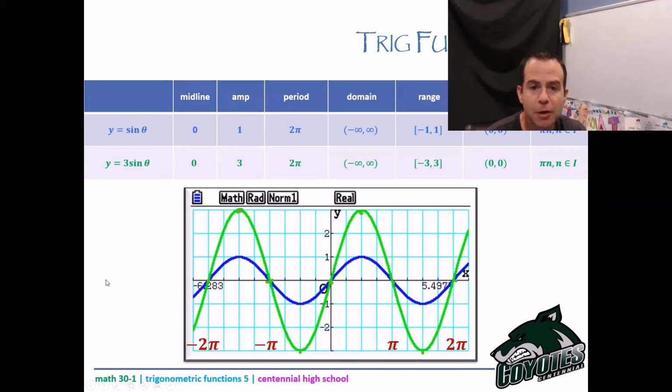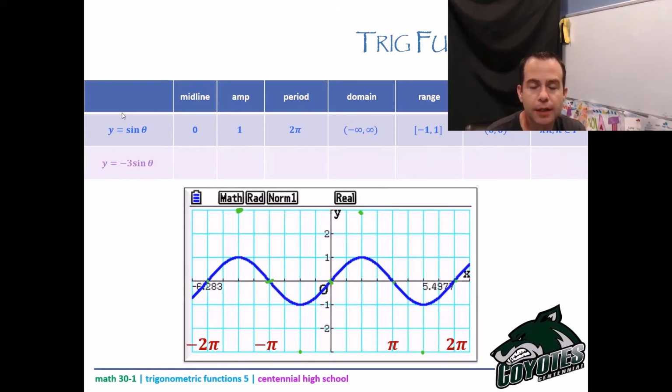All right, cool. Okay, let's try -3 sine of theta. So now the 3 is still the same, the amplitude is still the same, but I put a negative, so I've essentially put a vertical reflection.